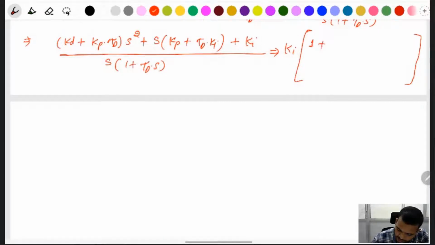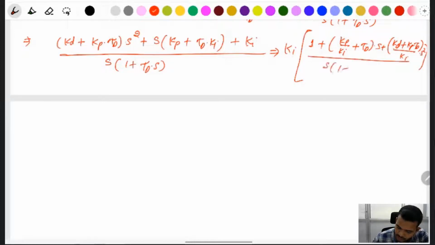Take Ki common. From this we find 1 plus (Kp divided by Ki plus tau d) into s, plus (Kd divided by Ki plus Kp into tau d divided by Ki) s square, divided by s(1 plus tau d into s).